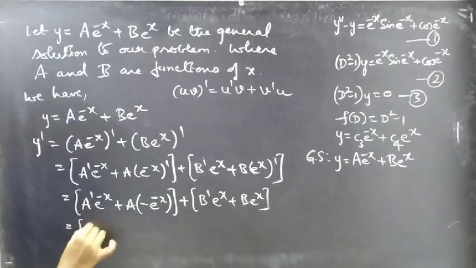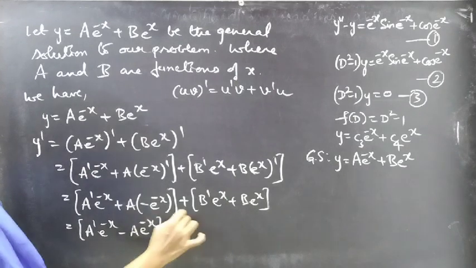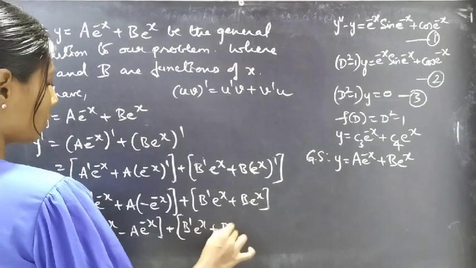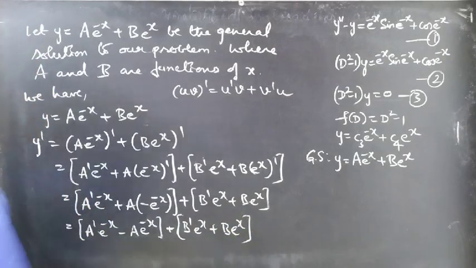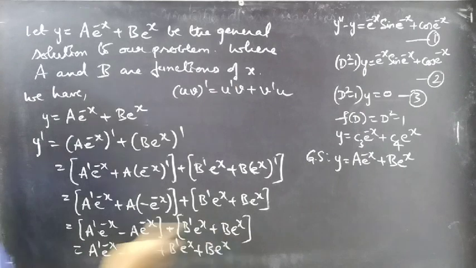This gives us a' e^(-x) minus a e^(-x) plus b' e^x plus b e^x. You can avoid this step.